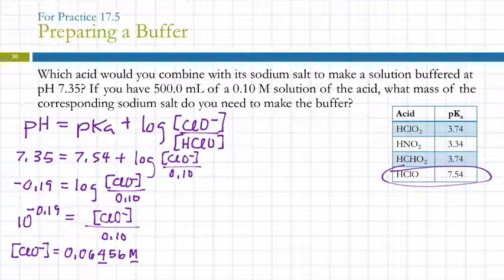Now this becomes more of a Chem 1A problem. I have 500 milliliters of this solution, and I want it to have this concentration. I have to calculate the mass of the sodium salt.